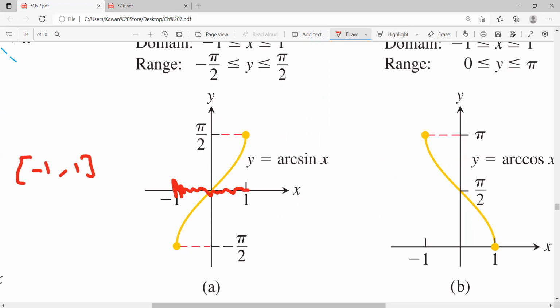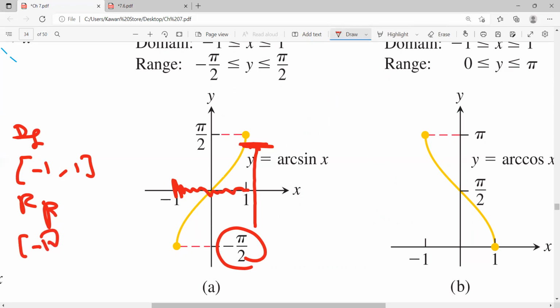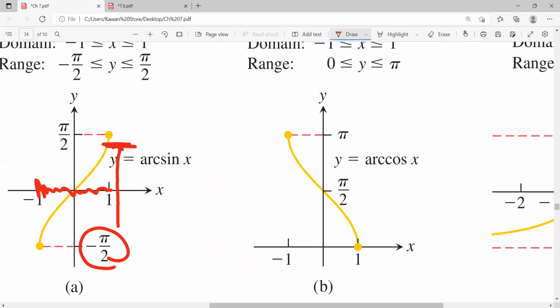Understood. How about the range? Yes, from -pi/2 to pi/2. So the domain of this function is like that. The range of this function is from -pi/2 to pi/2, closed. Understood? Easy. Tell me about sine inverse.